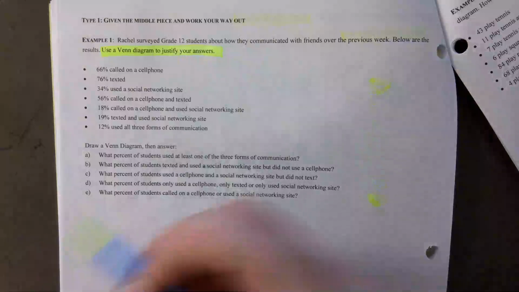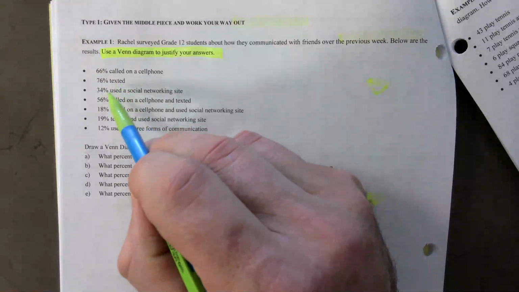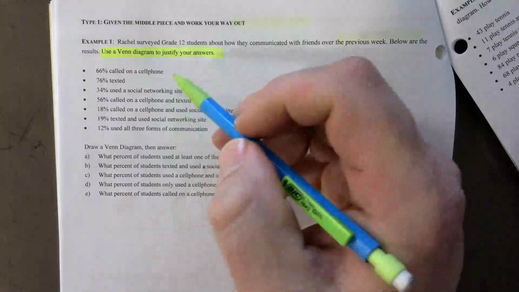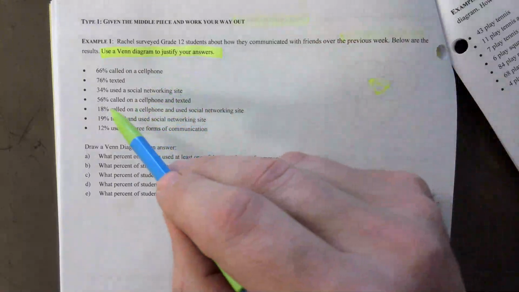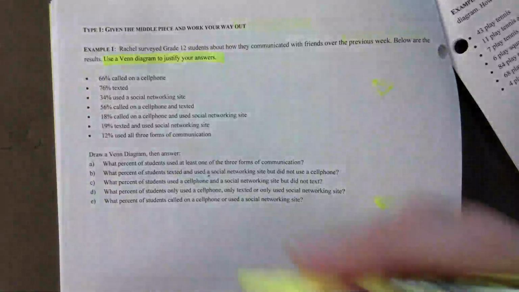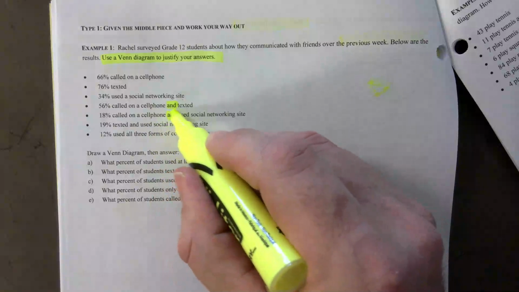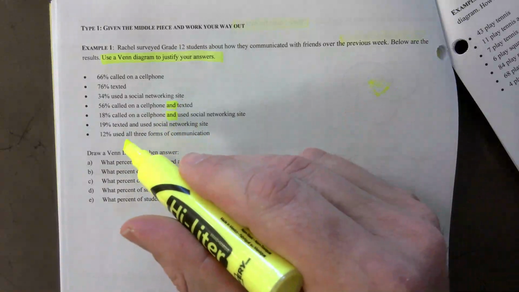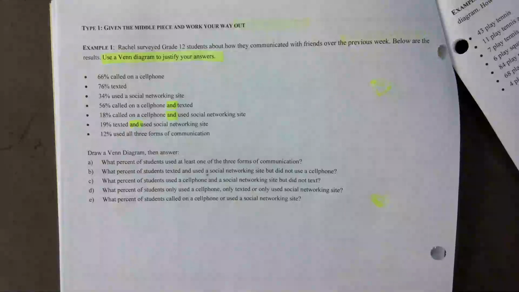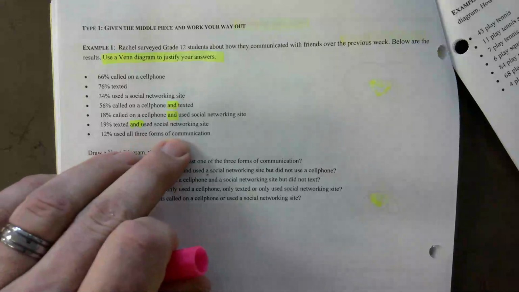So, what does it say? 66% called on a cell phone, 76% texted, 34 used a social network site, and then it keeps going. 56 called on a cell phone and texted, so notice that word and, that should tell you something. 18% use a cell phone and social networking. 90% texted and use social networking. And this is your favorite, if the middle is given. 12% used all three forms of communication.